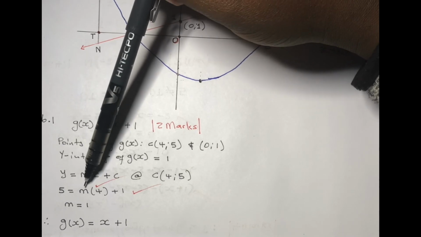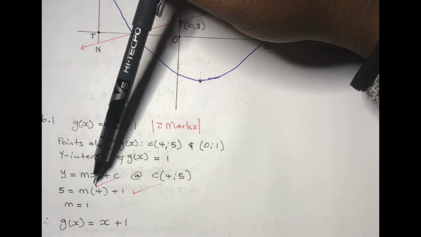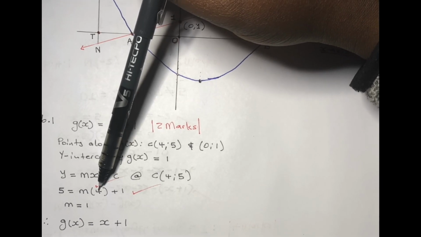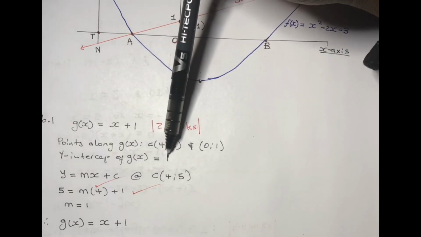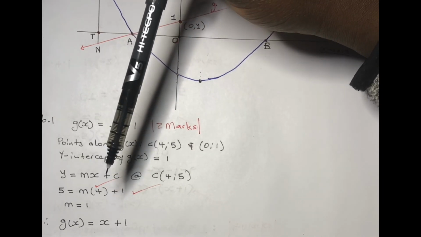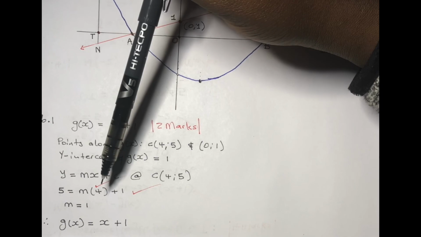You equate it to m, which is the value that you're calculating, times your x value, which is 4, plus 1, which is your c. So you calculate all of this in order to solve for m, which in the end is equals to 1.